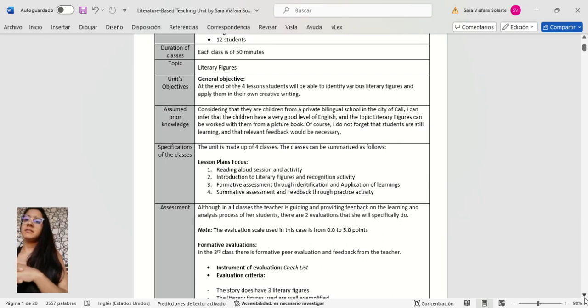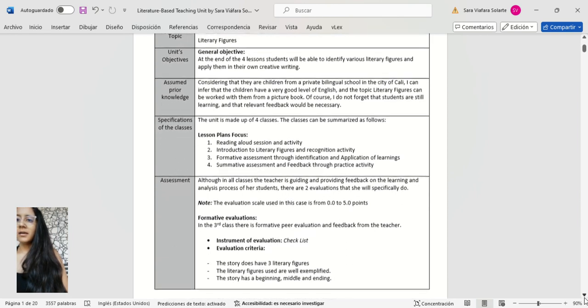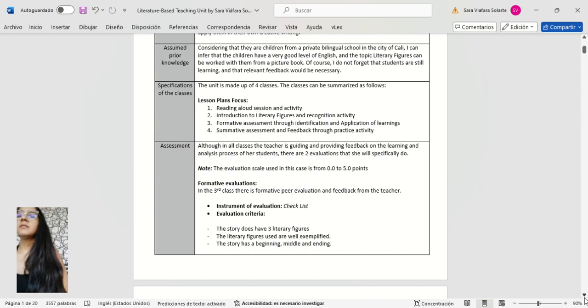The topic is literary figures, and the general objective of the unit is that at the end of the four lessons, students will be able to identify various literary figures and apply them in their own creative writing. That is the objective. There is an assumed prior knowledge, considering that they are children from a private bilingual school in Cali, Colombia.